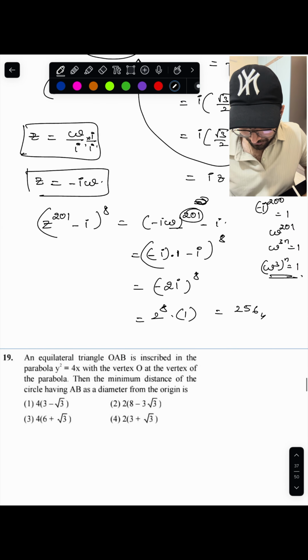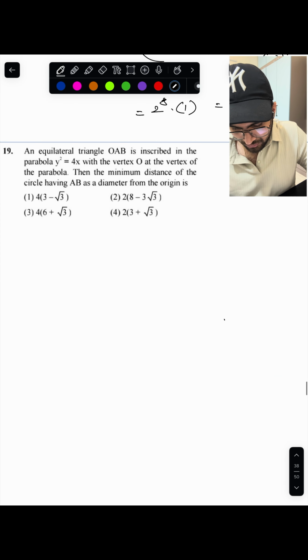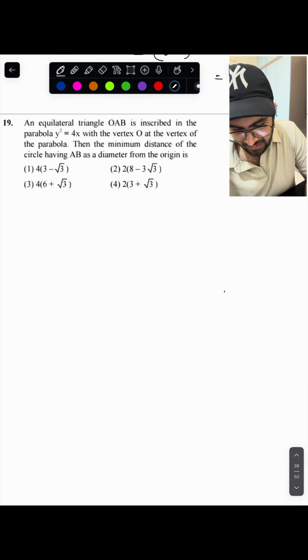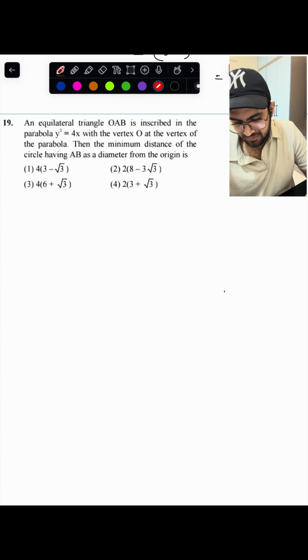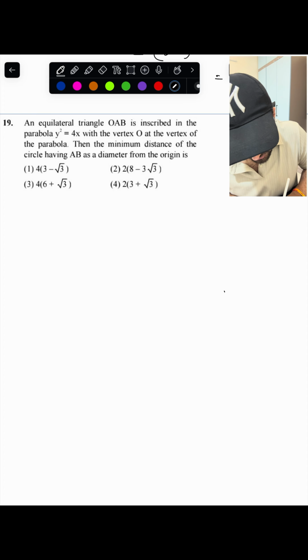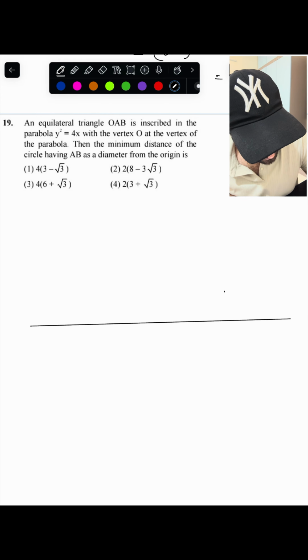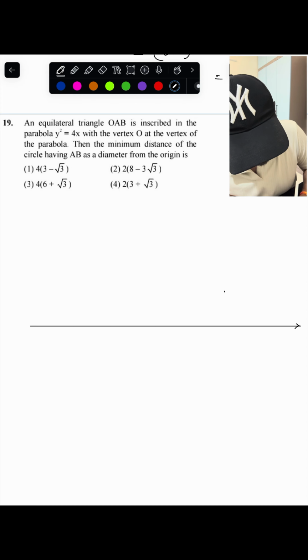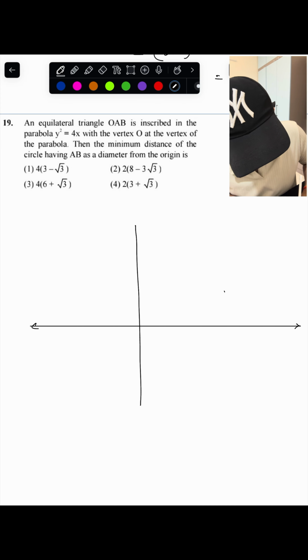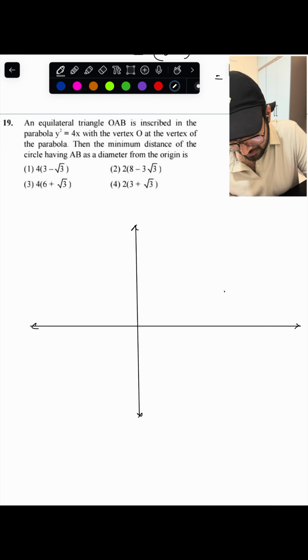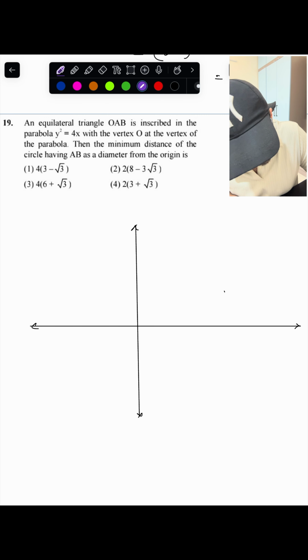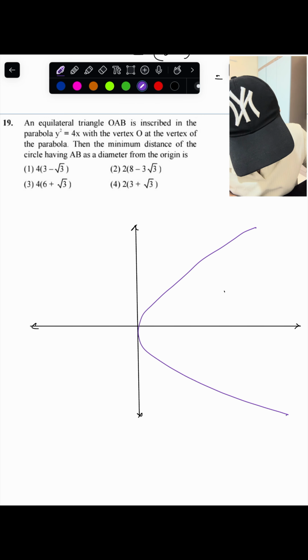19th question. Here an equilateral triangle OAB is inscribed in the parabola y square equals 4x. So geometry question, let's do our routine ritual: plot the graph. What is the graph? Y square equals 4x.